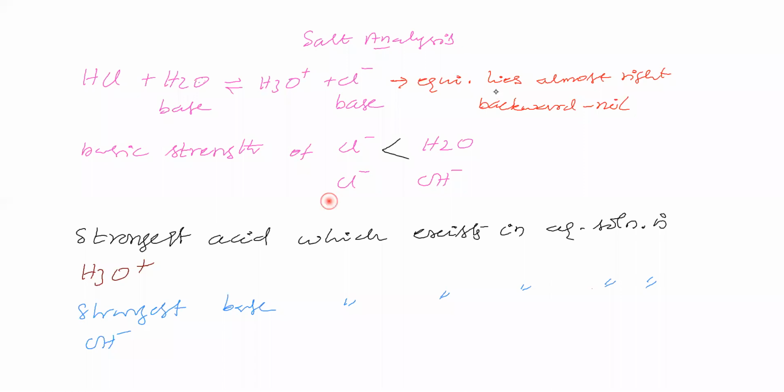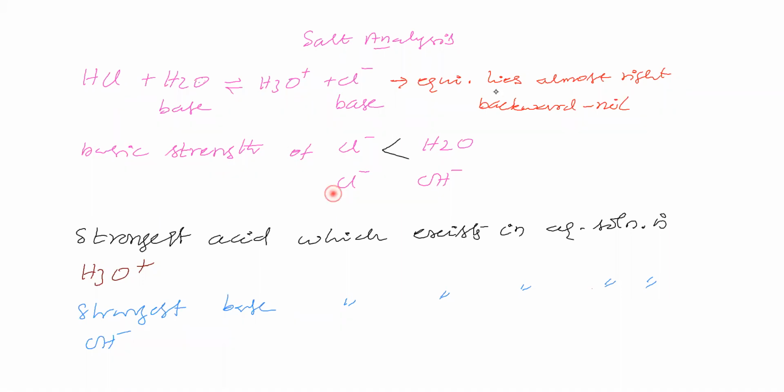Here the equilibrium lies almost to the right. The backward reaction is nil. That means Cl minus is unable to take H plus. Cl minus is unable to convert into HCl because the backward reaction is nil.